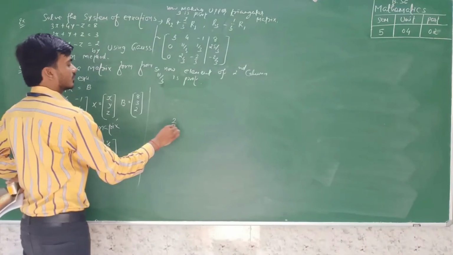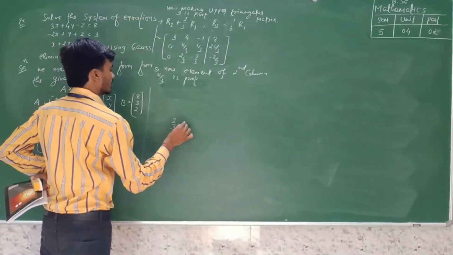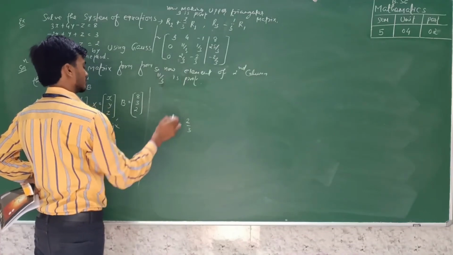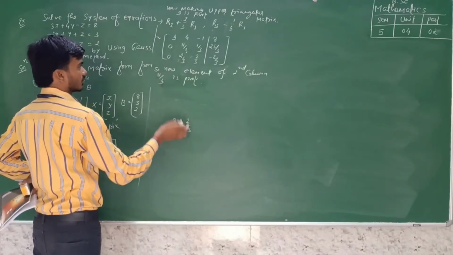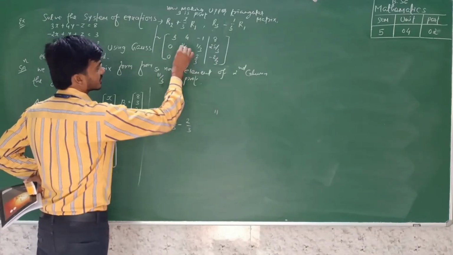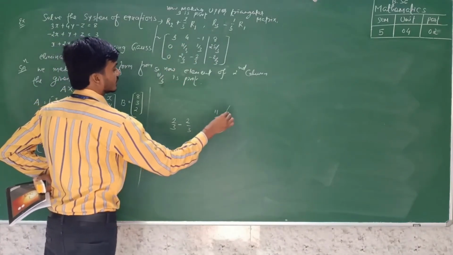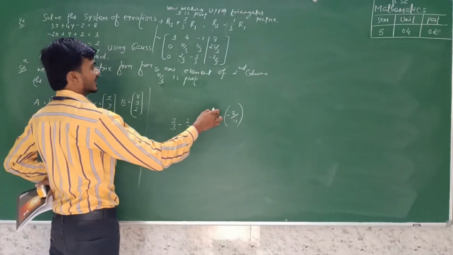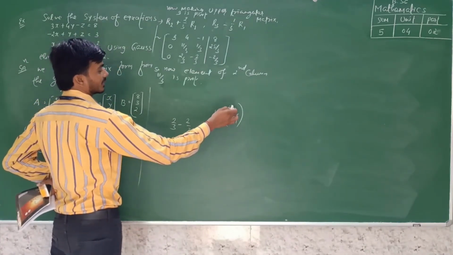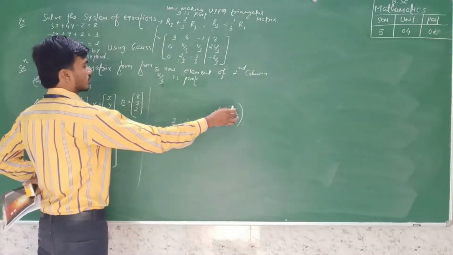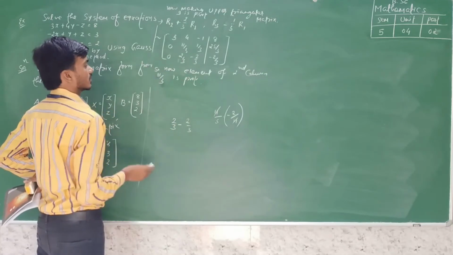Here 2 by 3 is positive, and here minus 2 by 3 will be added in the third row, so this element can be 0. So 11 by 3 multiplied by minus 2 by 11, the 11s cancel, that means minus 2 by 3 will be added into the third row.